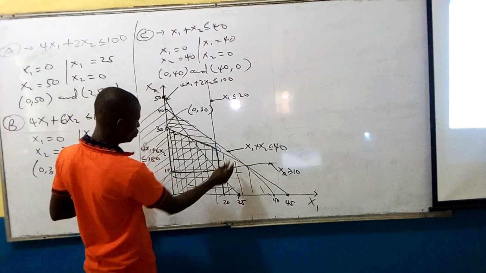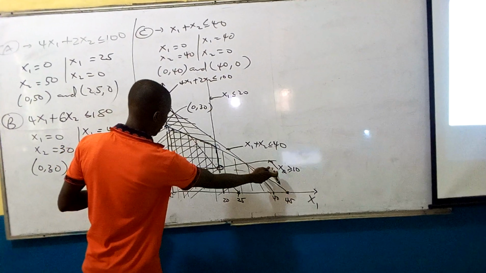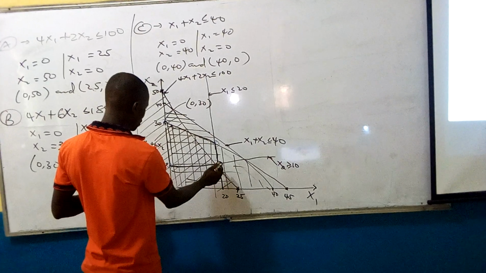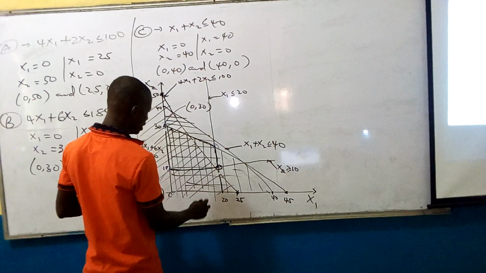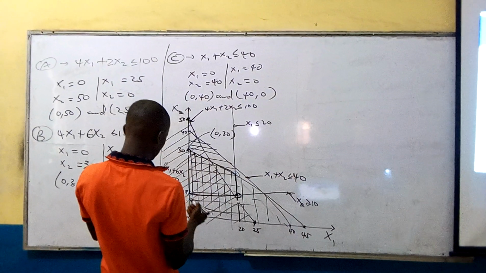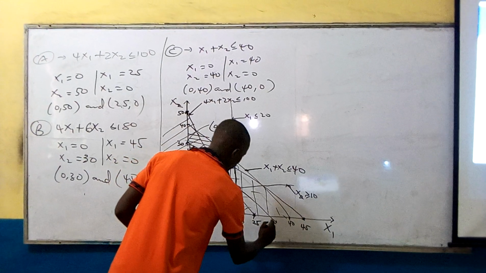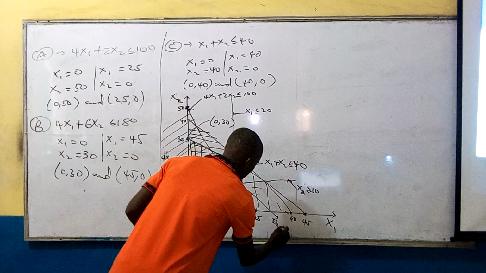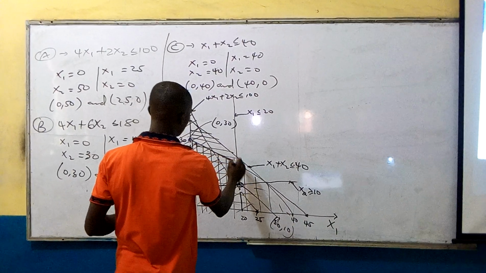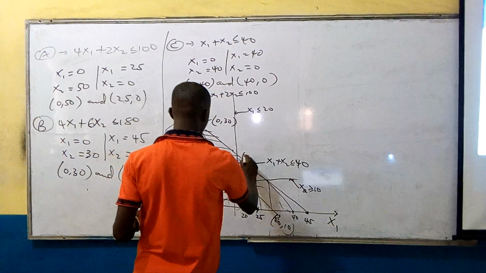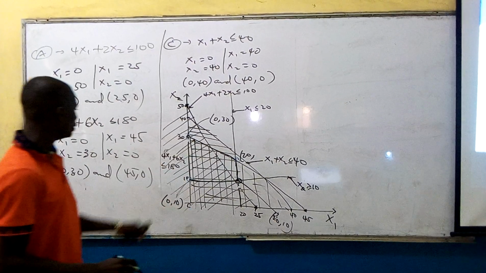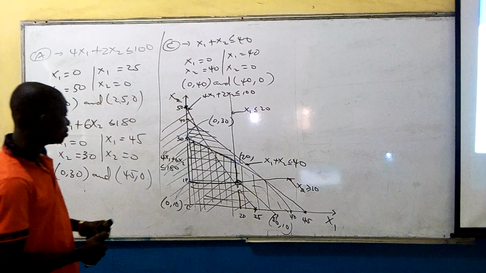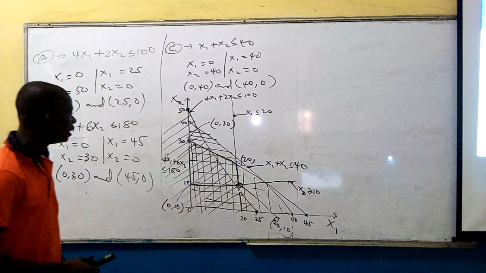And this one too, we find the intersection between these two points, where x equals 10 and y equals, so this point will definitely be 10 and 20. Sorry, 20, 10. Then you also locate this point. This will be 20, and when you substitute x1 equals 20 in this point, what do you get?